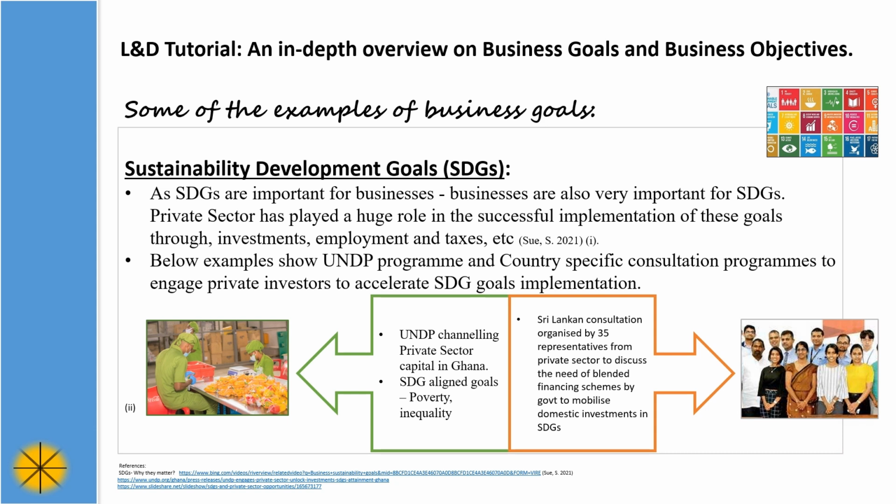The right side of the slide shows 35 representatives from private sector at a Sri Lankan consultation program emphasizing on government introduced financial schemes to mobilize private investment funds in domestic SDG goals.